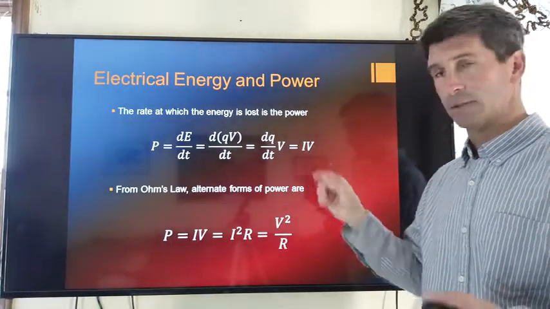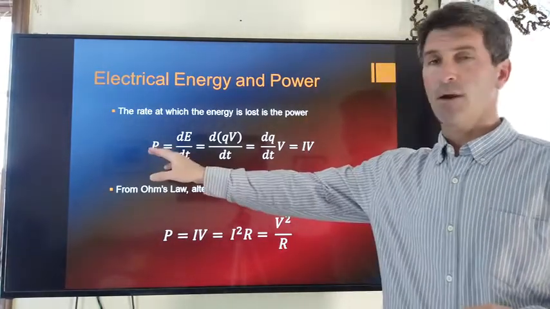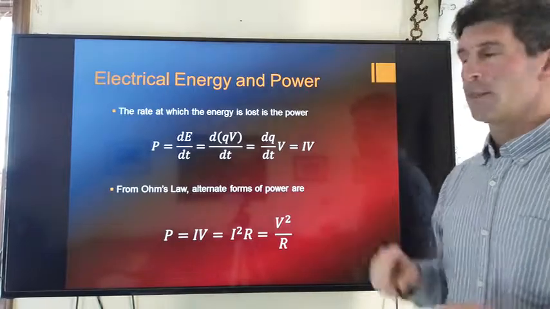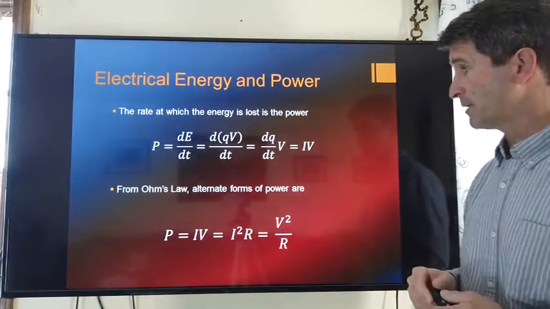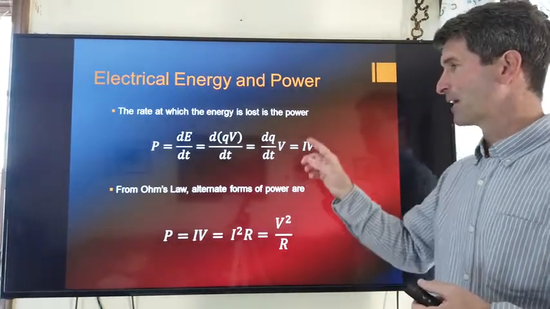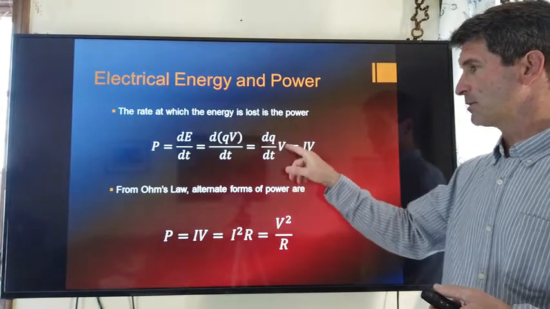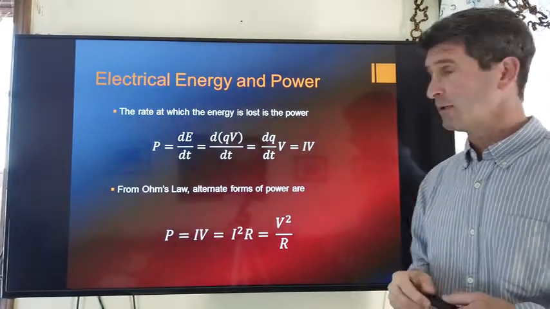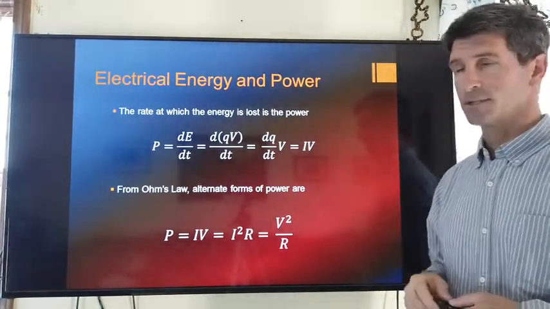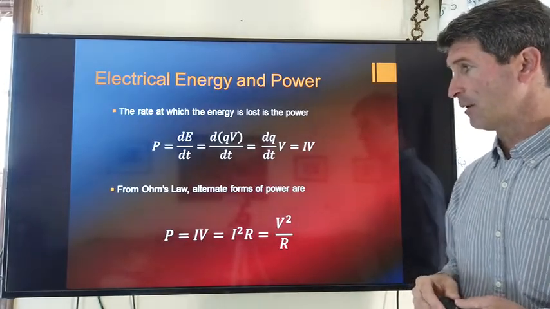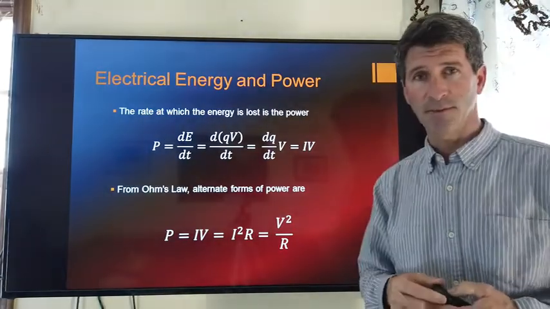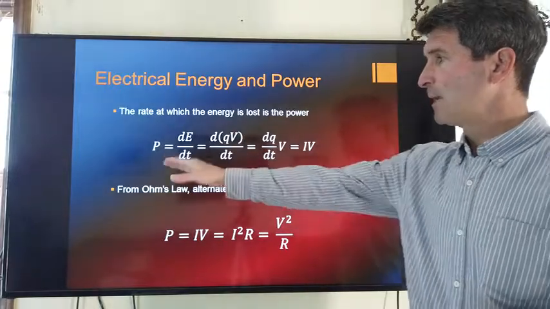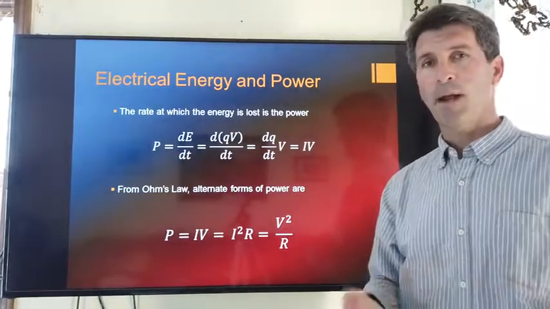Well, that's simply current. So again, deriving power from what we previously know about the flow of charge and the amount of energy per coulomb gives us a very simple expression for power, where power equals current times voltage. So P equals IV, our power equation.